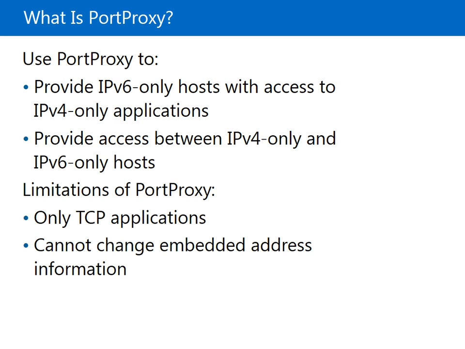When we talk about the node type, we have our IPv6-only, and it can now have access to our IPv4-only, as well as provide access between IPv4 and IPv6. So we're basically going either way. The proxy can handle that translation. That's going to be the router in between. So it can say, I have IPv6-only hosts that can talk to IPv4, and vice versa.